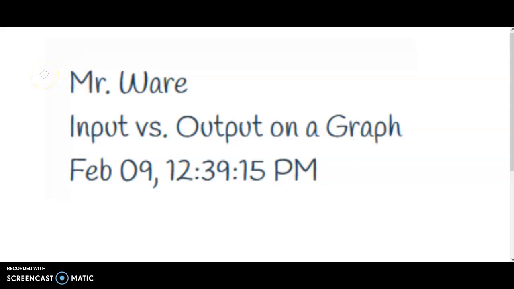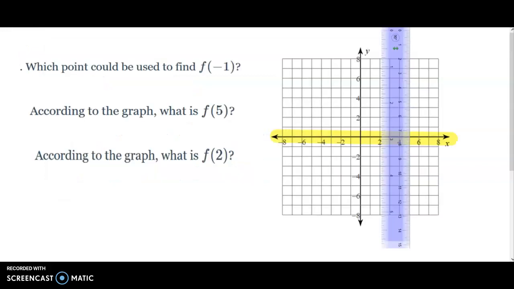Ware's videos. And today we're looking at input versus output on the graph. So let's begin. Similar to what we did with trying to find different points, whether you were given the x and trying to find the y, or given the y and trying to find the x, it's the same thing as far as the notation is concerned.